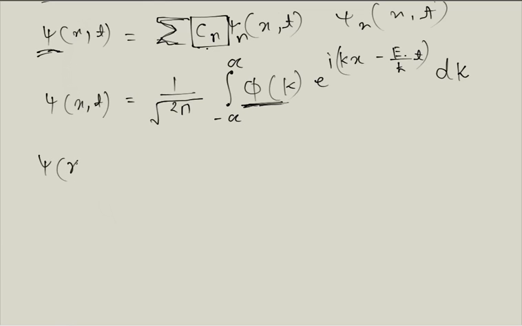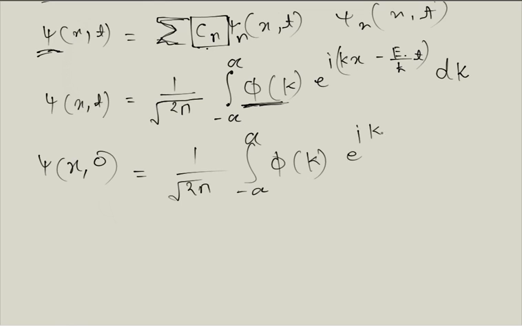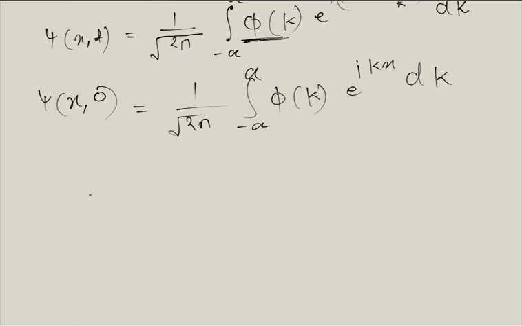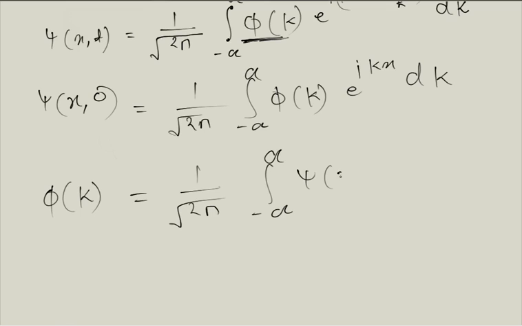Let the wave function at t equals 0 be this one, so it reduces to the integral of phi of k e to the power i k x dk. And from the principles of Fourier analysis, phi of k will be simply the integral with a minus sign in the exponent, with the integration with respect to x instead of k as in the previous equation.